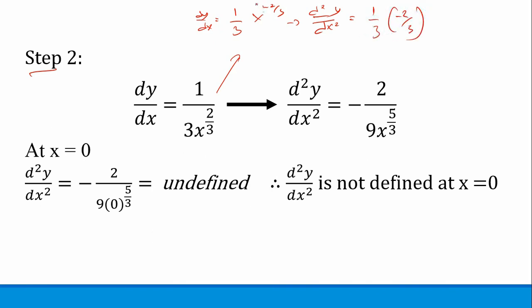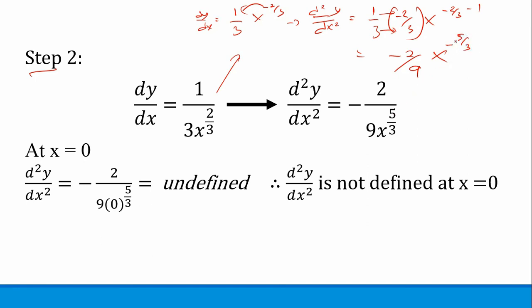I move this one to the front, and x to the power of negative 2 over 3 minus 1. You can directly multiply, which is negative 2 over 9 x to the power of negative 5 over 3.